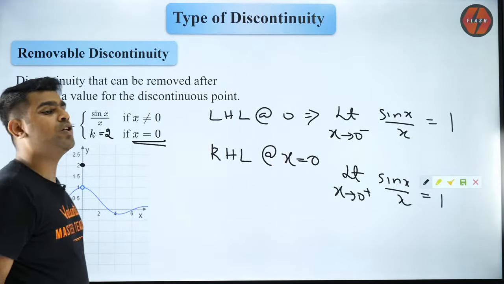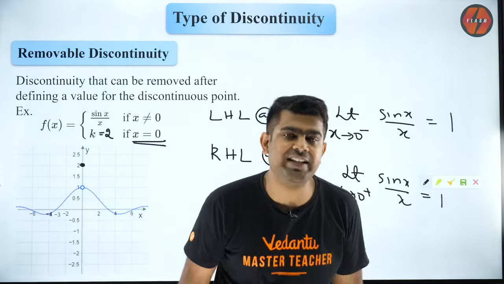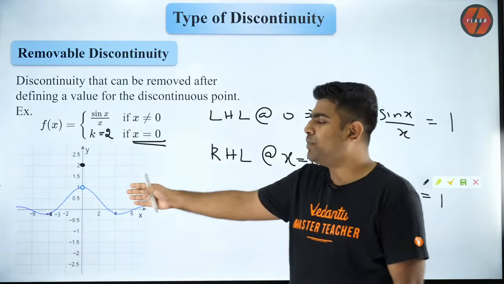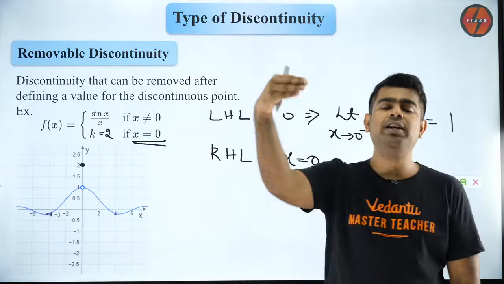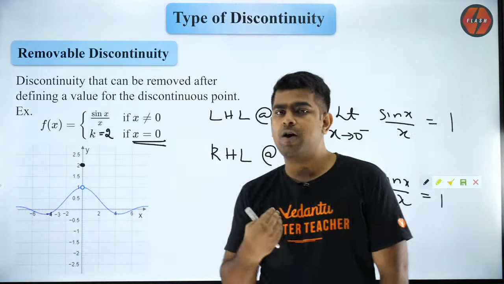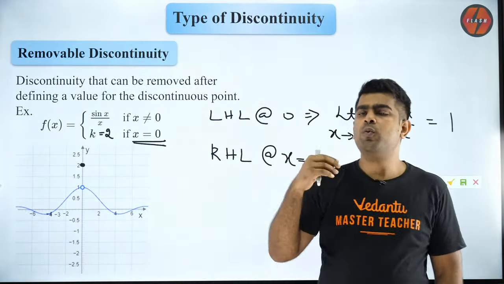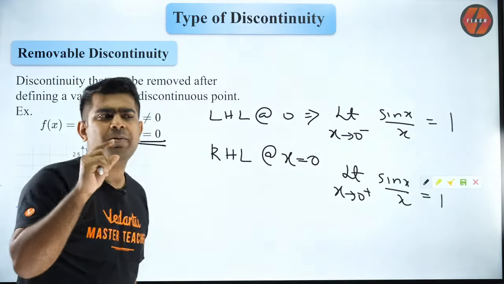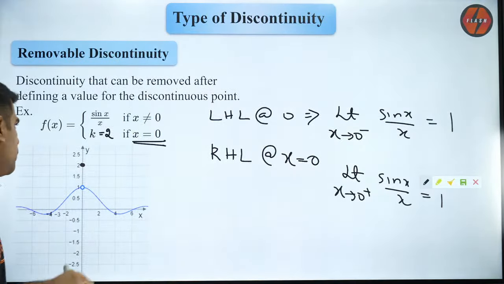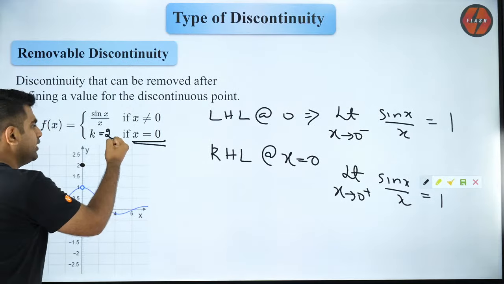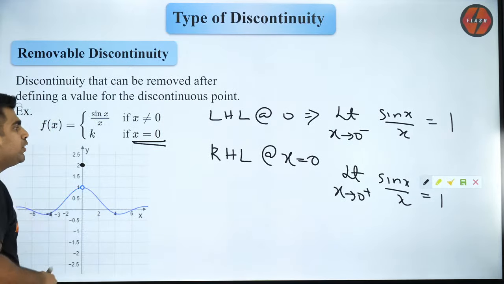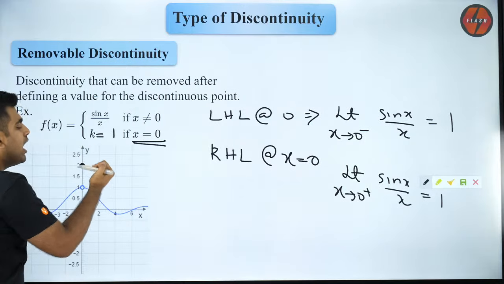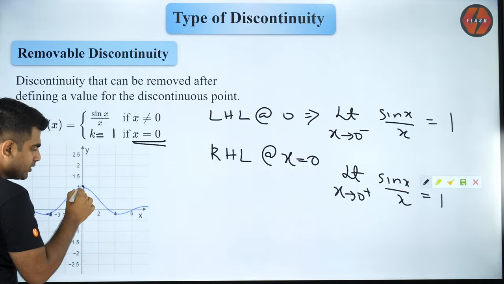So this is what we call discontinuity, because my left hand limit and right hand limit, even though they are equal, the functional value is not equal. So why do I call it removable discontinuity? Because by making one small change, erasing this and putting k equal to 1, I can make it continuous.